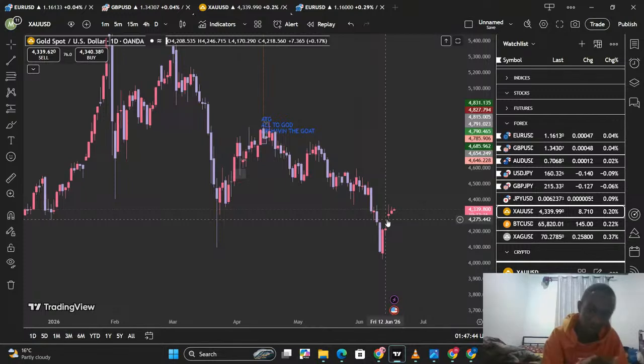Now, the problem with gold, it does moves like this, and it doesn't fill them immediately. It lies to you so many times that we're filling the gaps, and we are not filling the gaps. So that's the main reason why I stopped trading gold. It has so many fake out moves. Even the perfect entries are fake outs.